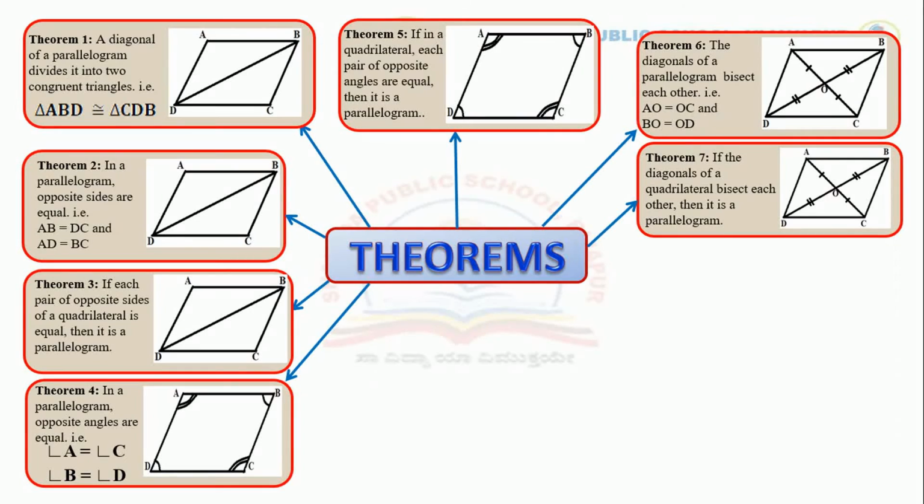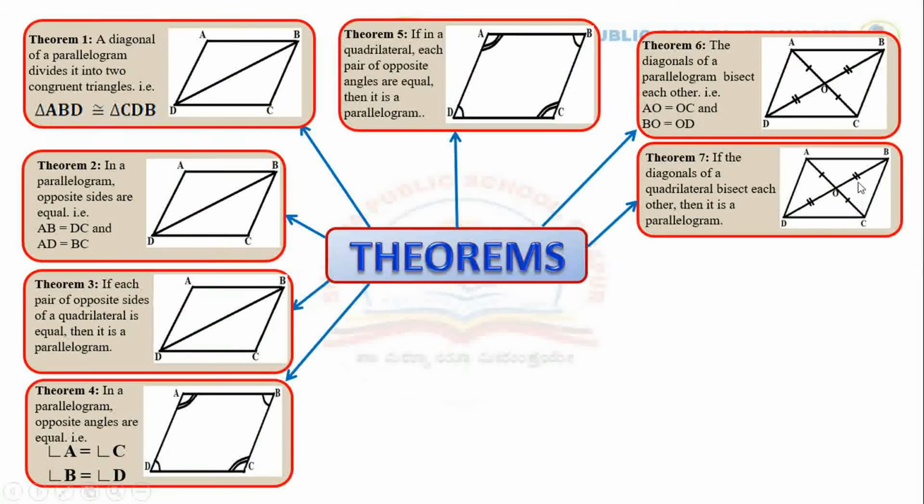Theorem 7. If the diagonals of a quadrilateral bisect each other, then it is a parallelogram. That is, AC and BD, these are the two diagonals and they are bisecting each other. That is, AO is equal to OC, OB is equal to OD. Then we take the two triangles AOD and BOC.